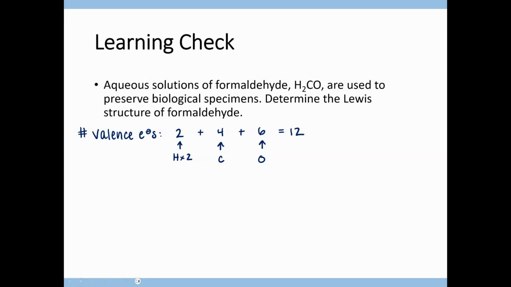Once you've arranged the 4 atoms, 2 hydrogens, carbon, and oxygen, count how many electrons are in the bonds. It's going to be less than 12. So you need to add lone pairs to outer atoms that can hold lone pairs.